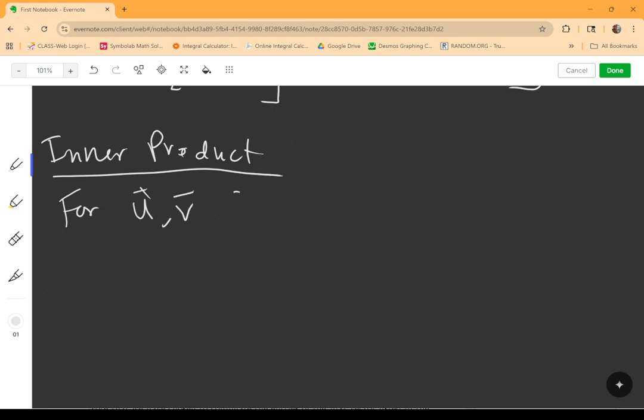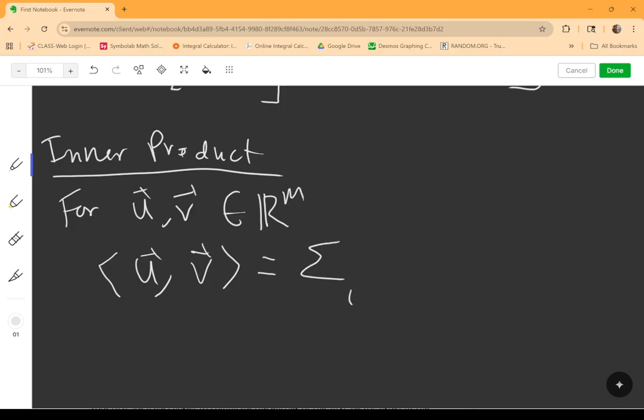Now let's define our inner product. You may be familiar with it, like I mentioned earlier. The inner product for vectors u, v, elements of Euclidean n-space, we define <u, v> to be equal to the sum from i equals 1 to n of u sub i times v sub i.